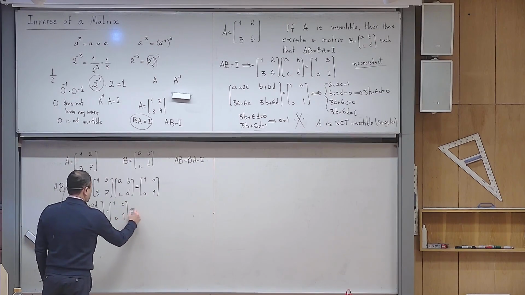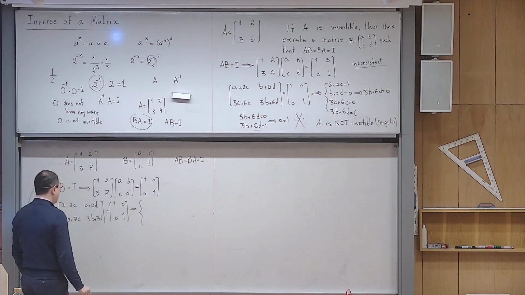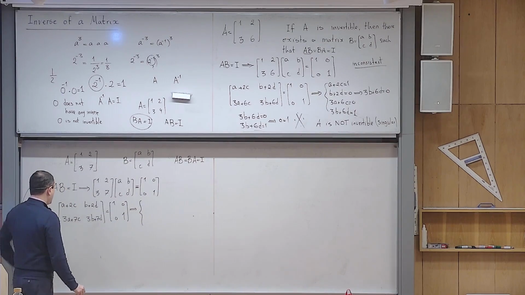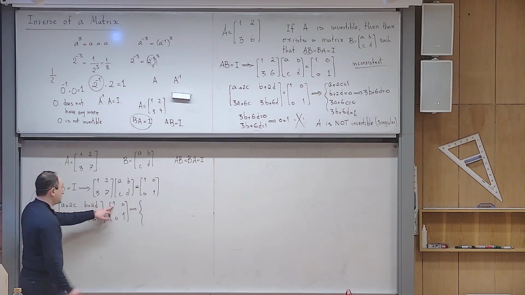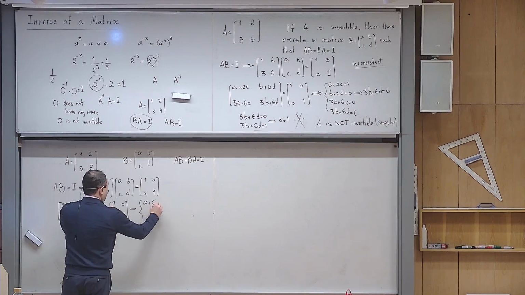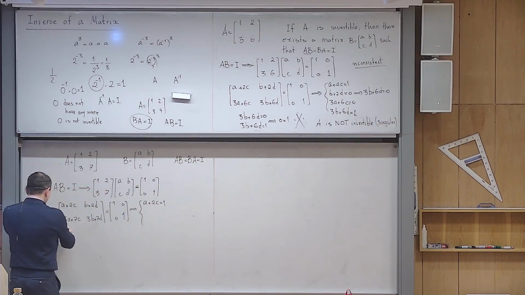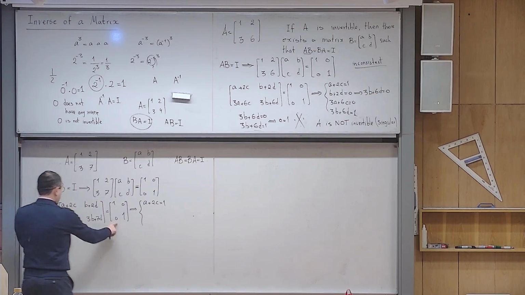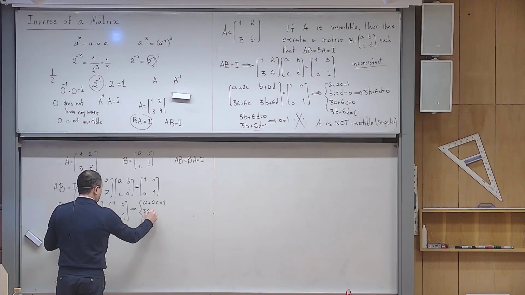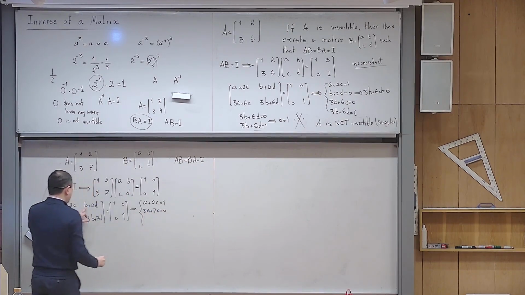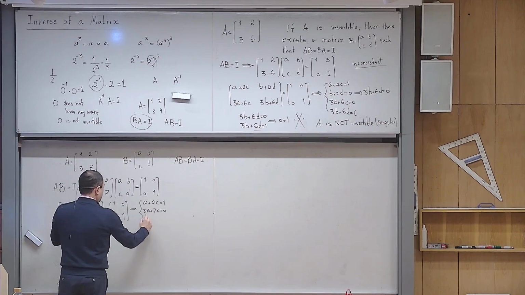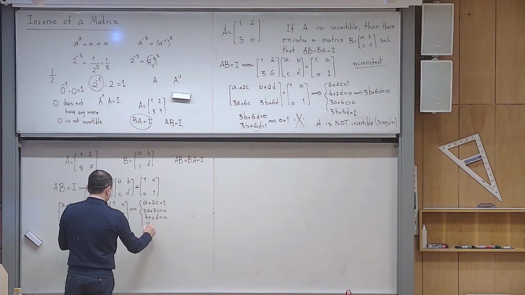Then again, I get a system, 4 equations in 4 unknowns. So A plus 2C is supposed to be 1. So if you don't mind, let me write this one below it immediately. So 3A plus 7C should be 0. And then this one should be 0. And this one should be 1, yes?